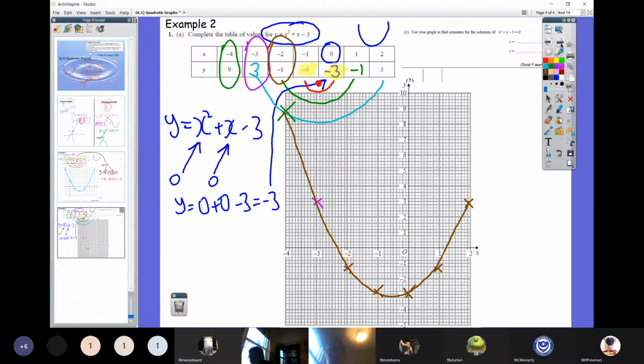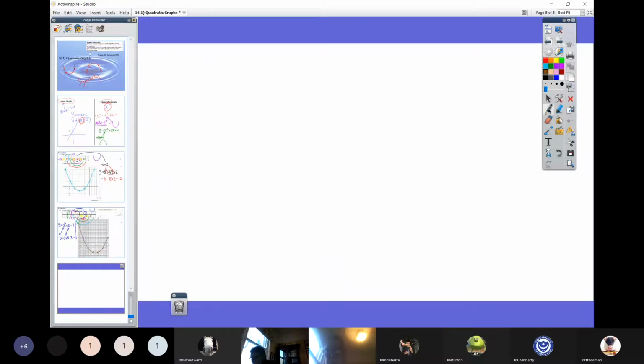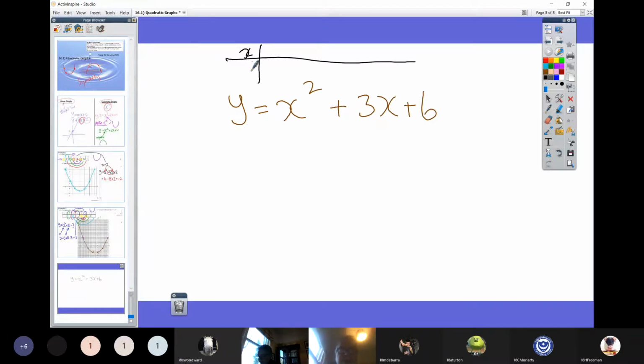Now, final point. I just want to remind you, say you got y equals x squared plus 3x plus 6. And let's say, for example, you were filling in a table, so you've got the x and the y values. And you had to work it out for some reason when x was minus 2. When you put minus 2 in there, if you're using your calculator, be ever so careful.